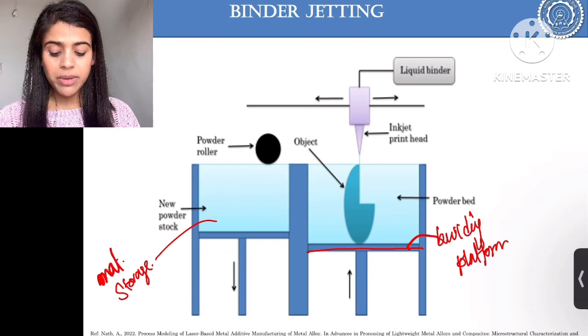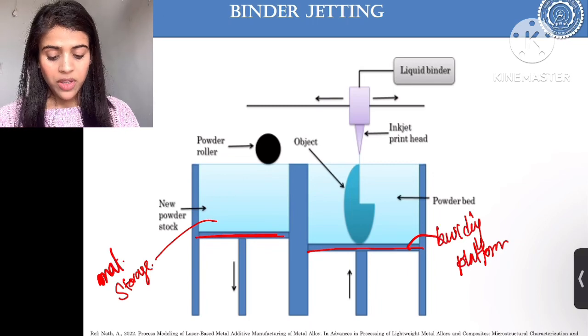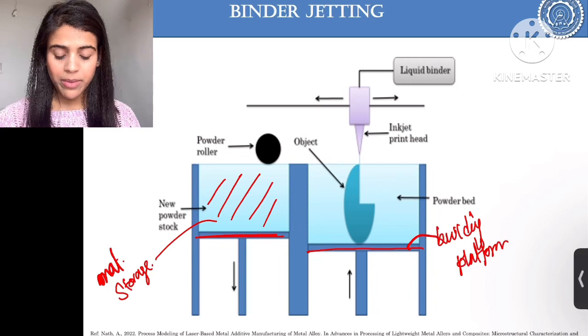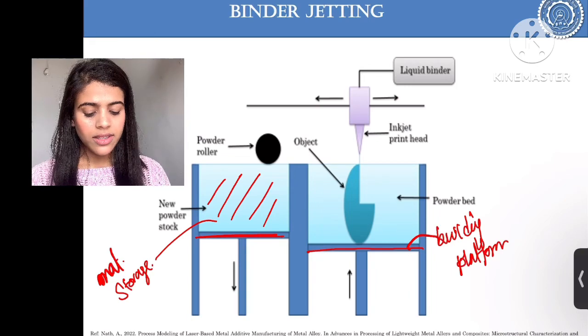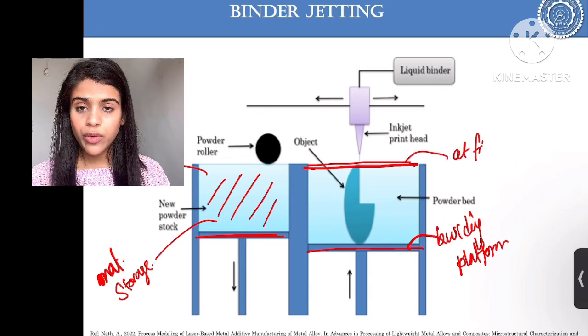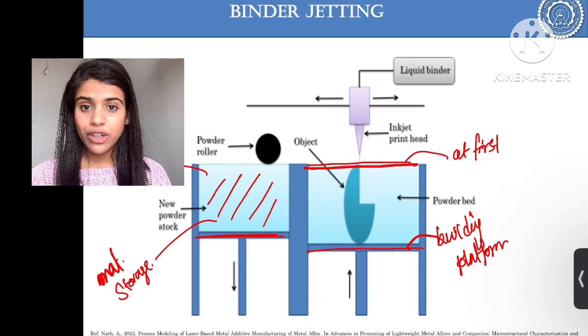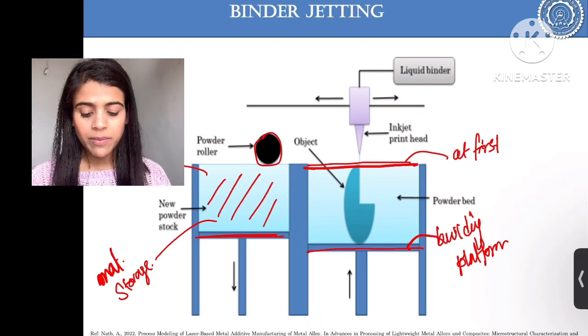This stage will be at its lowermost position. This stage or container will be full of powder that is going to be used for printing. Now there is a stage which will be at the topmost position at first, because over it each layer of powder will be spread and it will form the object. How am I telling?